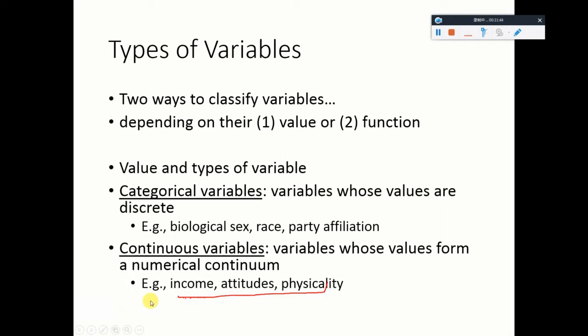Examples. Again, these are just some typical examples of continuous variables. I'm sure you can think of others. So income is a very typical, almost I would say a true continuous variable, because we can easily arrange all the values of income on a continuum ranging from $0 to $0.001 all the way to 99.999 to $100.